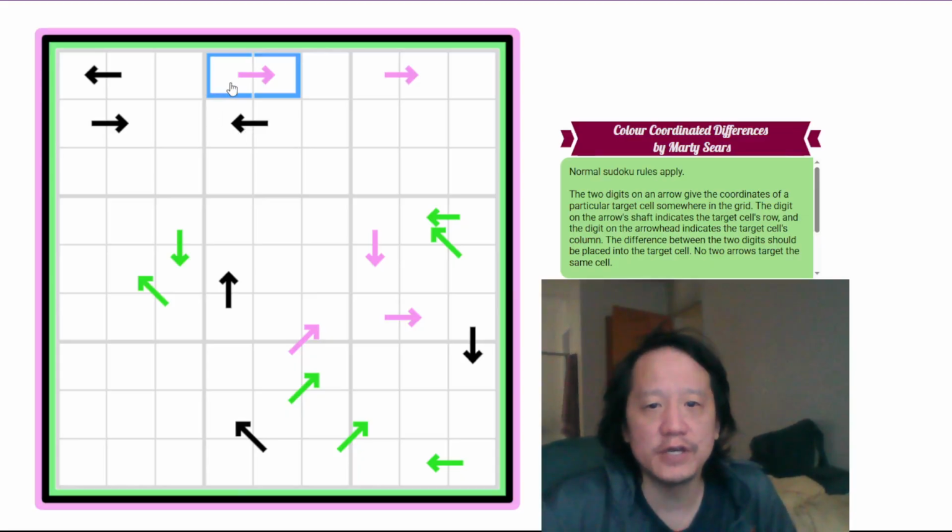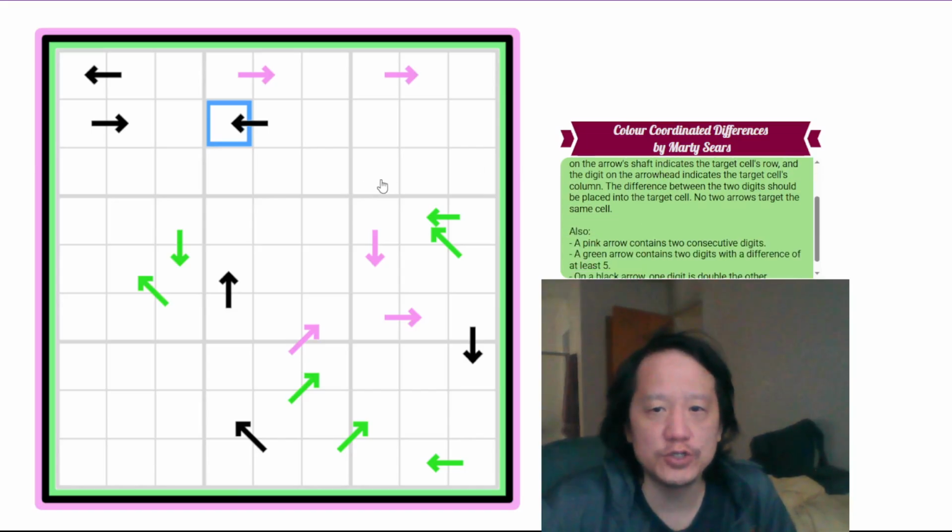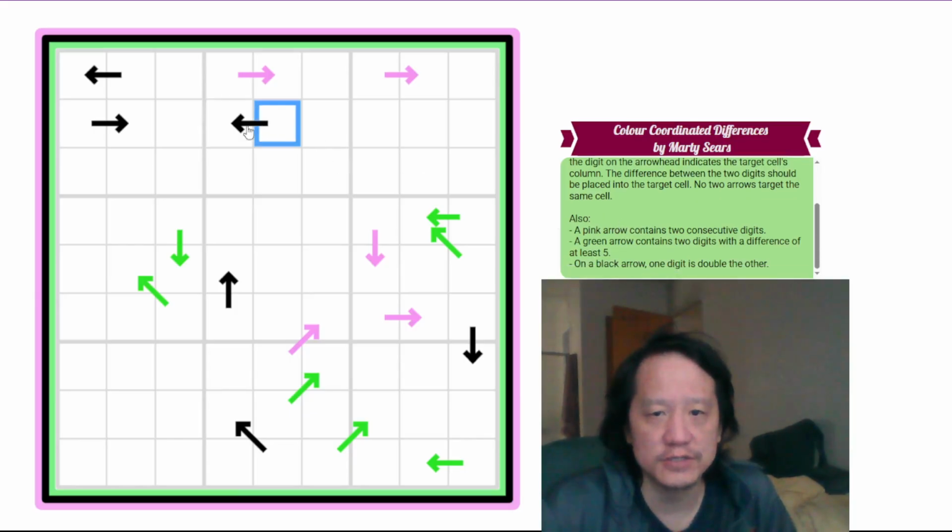The digit on the arrow's shaft indicates the target cell's row, and the digit on the arrowhead indicates the target cell's column. The difference between the 2 digits should be placed into the target cell, and no 2 arrows target the same cell.